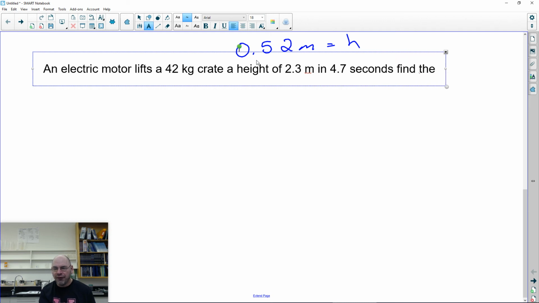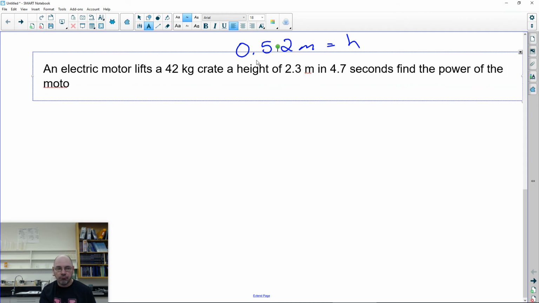Find the power of the motor, assuming it's 100% efficient. So we'll do a similar one.